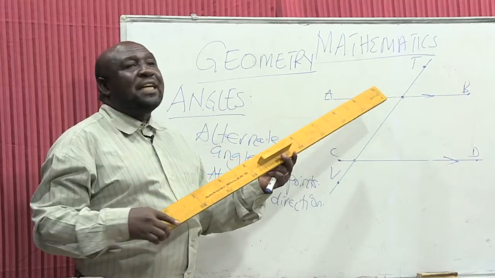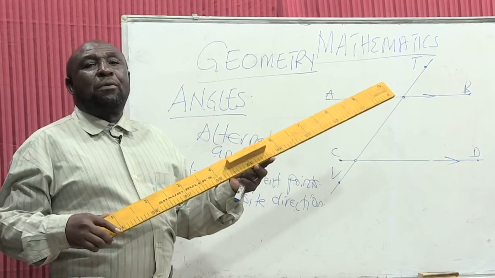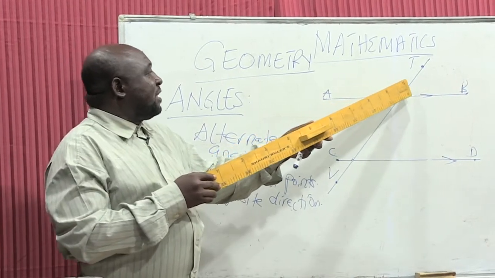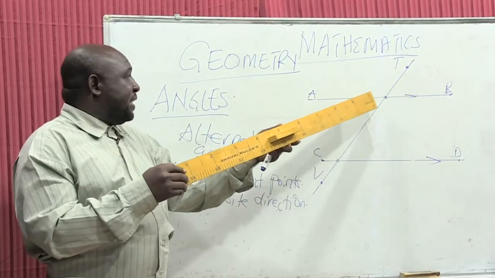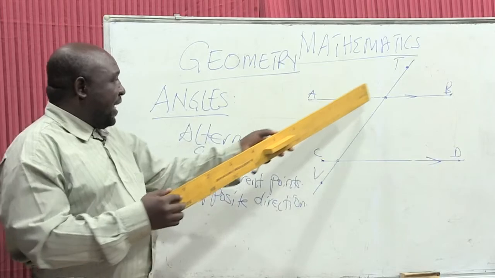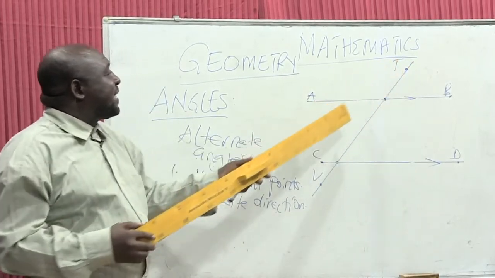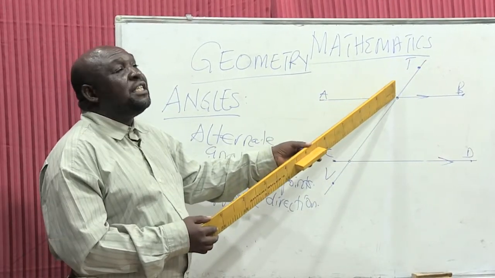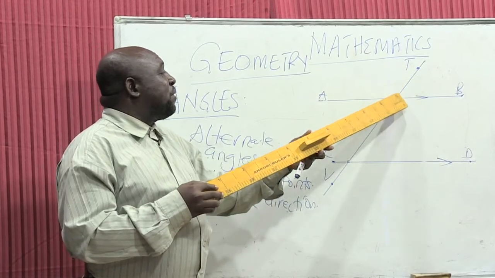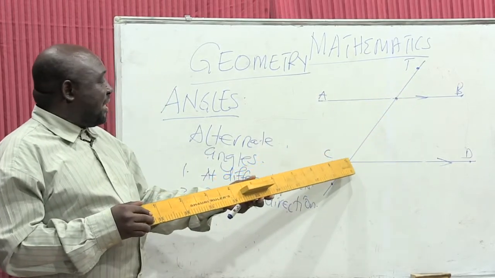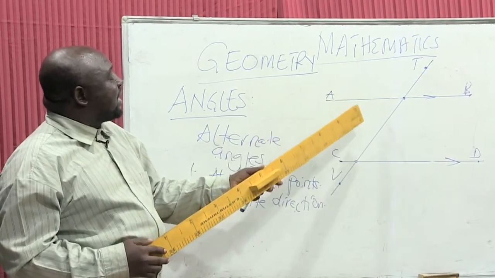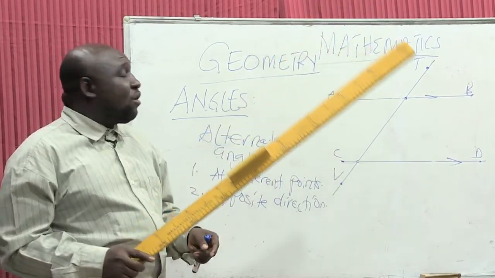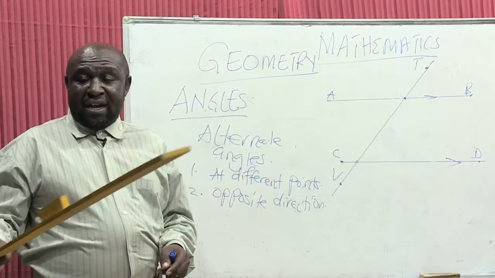Remember, when we discussed vertically opposite angles, the same point looked in opposite directions, this angle here and that. But for alternate angles, they are not at the same point. One is at that point, another is at this point. Now we are going to list down the pairs of alternate angles from that particular diagram.